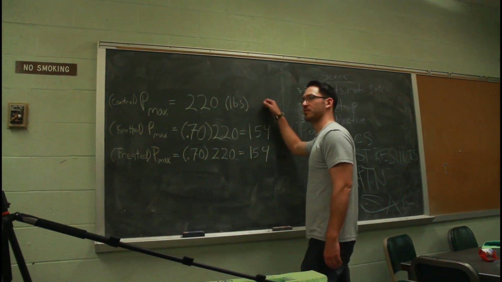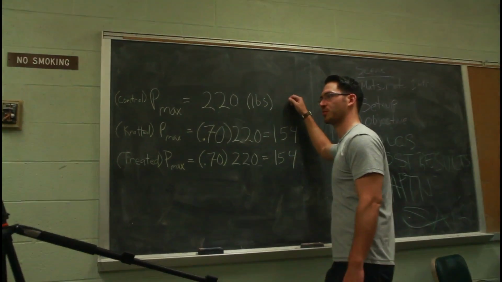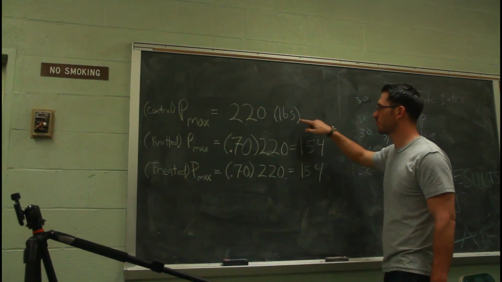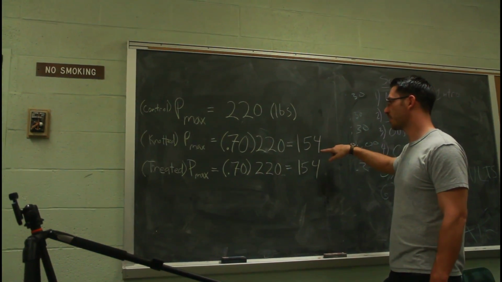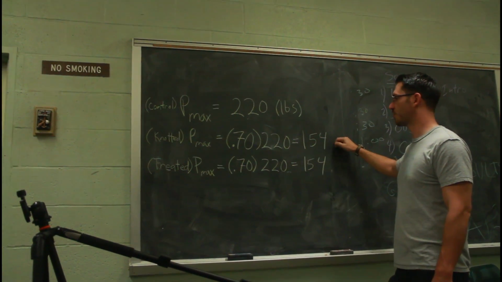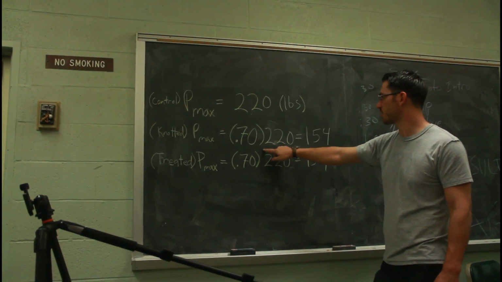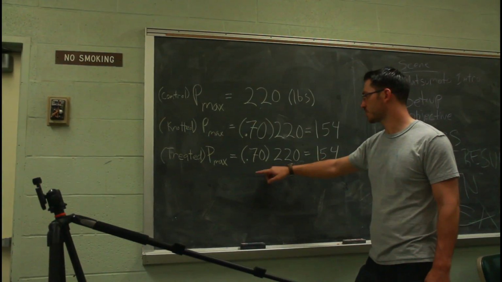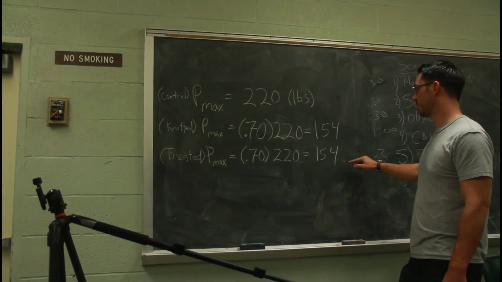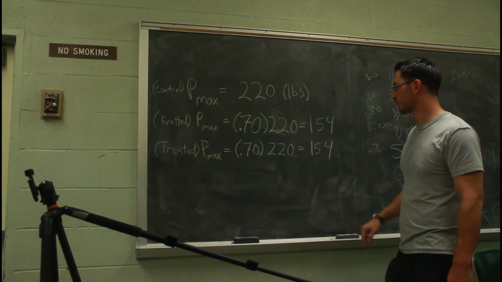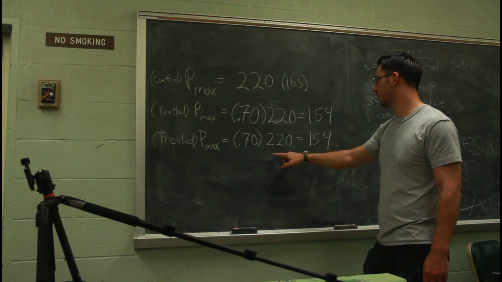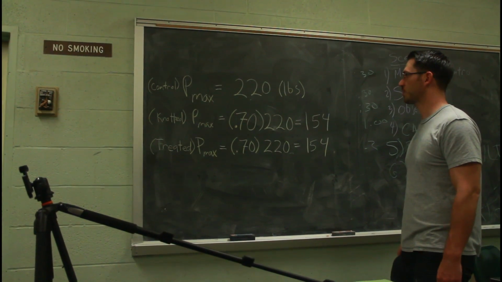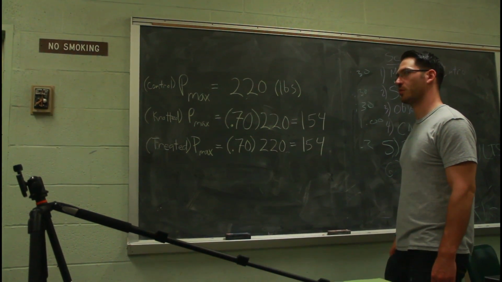Okay, so if we take 1500 as our flexural stress, that gives us a P max for the control specimen of 220 pounds. For knotted wood, we know that it can decrease by up to 30%, so if we multiply this by 0.7, we get 154. Existing literature tells us that treated wood can decrease in strength by up to 30% as well. So we'll do the same thing to this figure of 220 and arrive at the same value. But this seems awfully low for such strong wood.